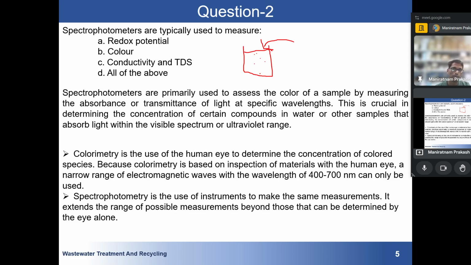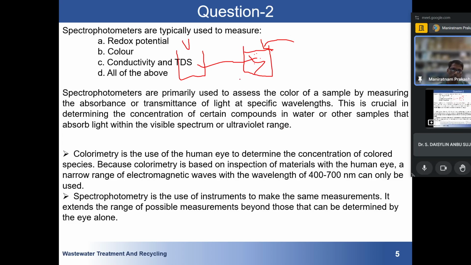It might be of any color. So we have one system here, and generally the spectrophotometer uses ultraviolet light. So we pass ultraviolet rays at this sample. What will happen is that this sample will absorb some of the light, or we can say, transmittance of light.